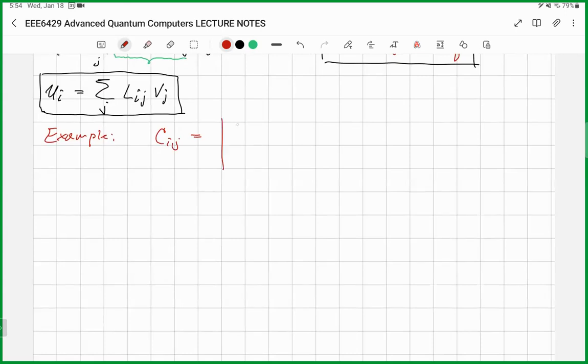It was 1 here, 1 plus i times 2 here, 1 minus i times 2, and so on. And we already figured out that this matrix coincides with its Hermitian conjugate, which is the complex conjugation and transposition of the matrix.